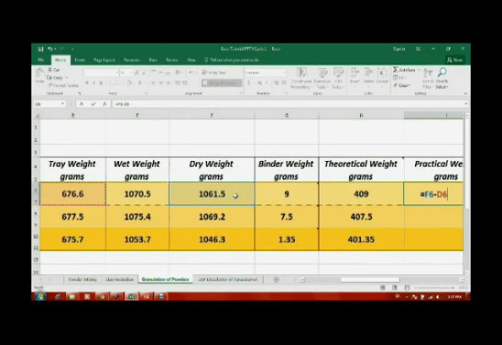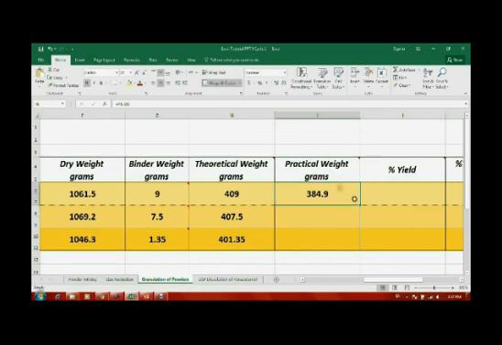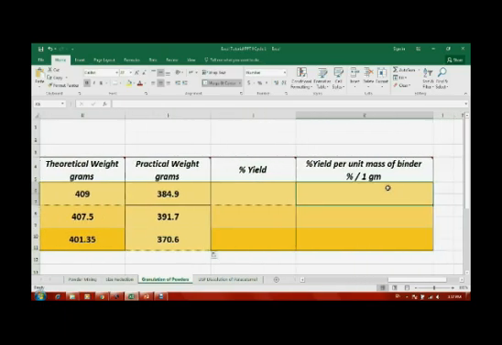Now, the practical weight. The practical weight is equal to the actual weight, the completely dried granules weight, which is equal in numbers to the dry weight minus the tray weight.